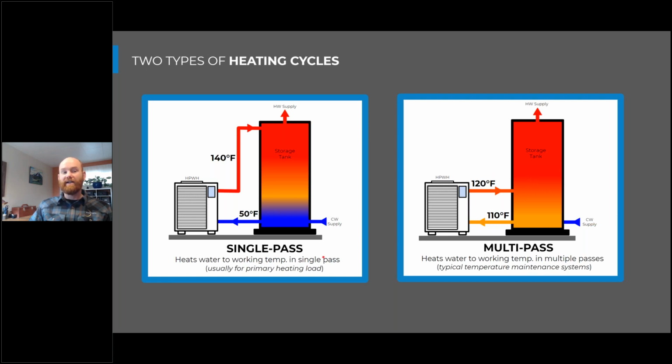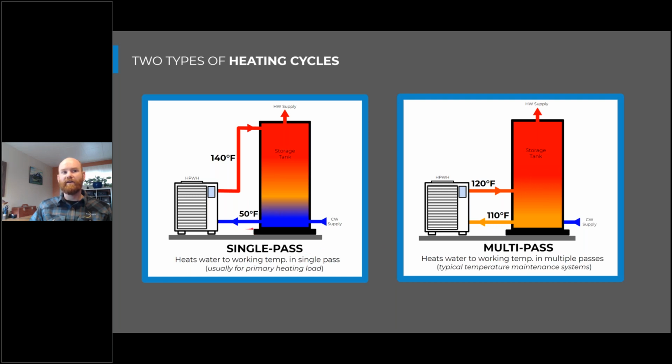So the single pass heat pump water heating system, because it's really using the full heating cycle and capturing more free energy per cycle, is typically more efficient than the multi-pass heating cycle. However, the single pass heating cycle struggles to heat water that's already hot.